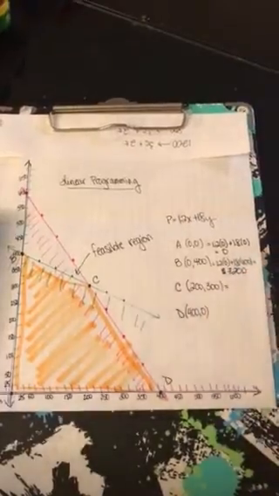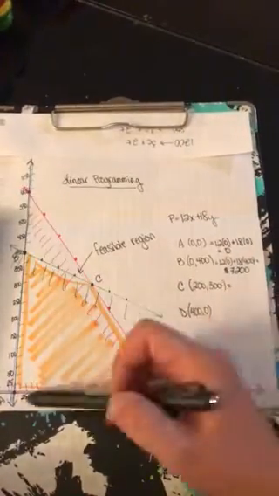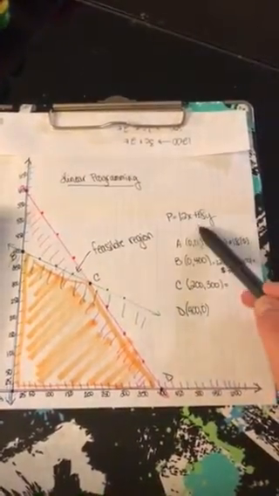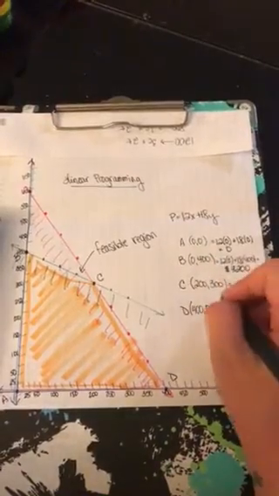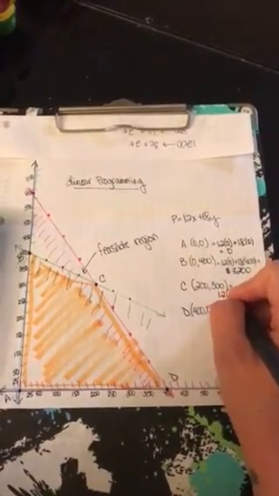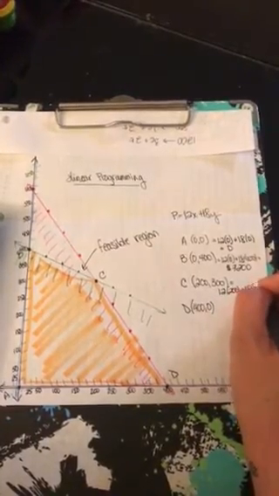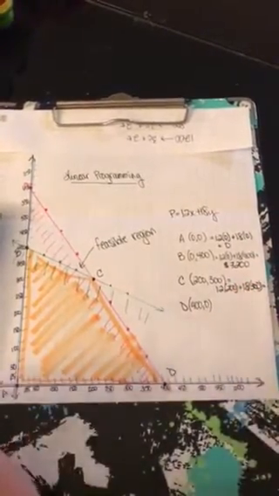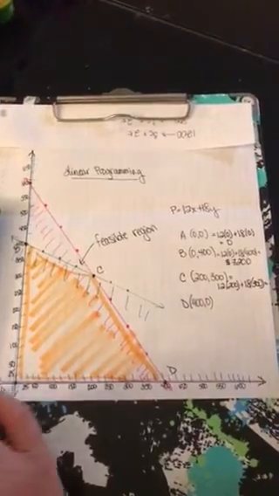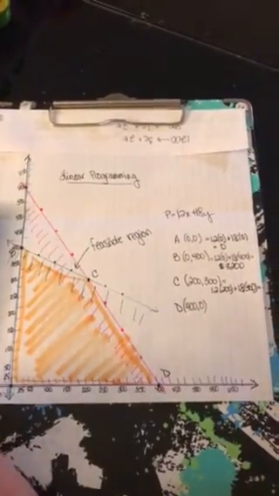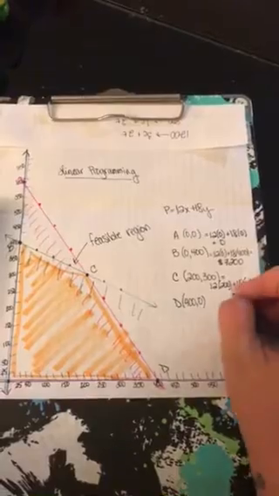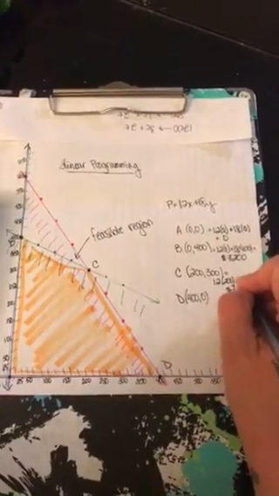For this one, again, I'm taking these intersection points, the x and y's, and plugging them into our objective function. Okay, for this one, that means we've got 12 times 200 plus 18 times 300. Hopefully you're plugging this in with me as I do it. Okay, so that gives us a profit of 7,800.